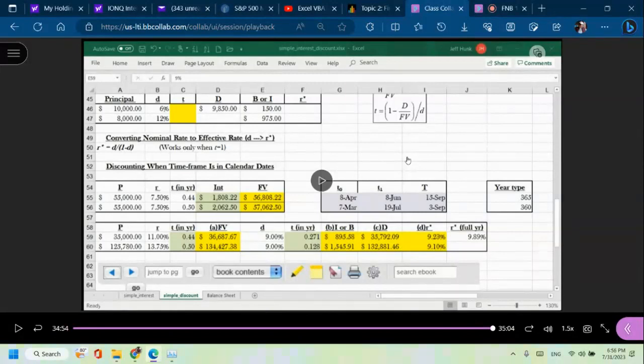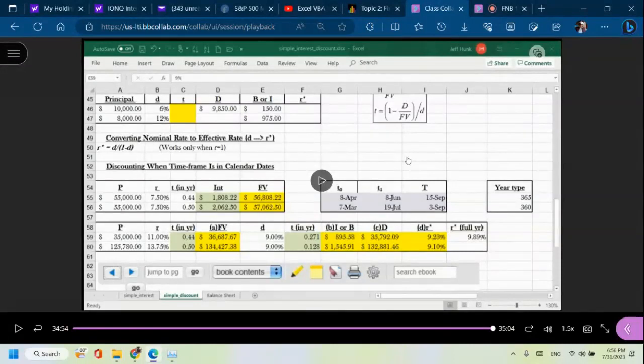In other words, they are generally not held to maturity. Because if your company is doing well, if your company has a lot of cash flow, you can hold it to maturity. You can carry it to maturity.